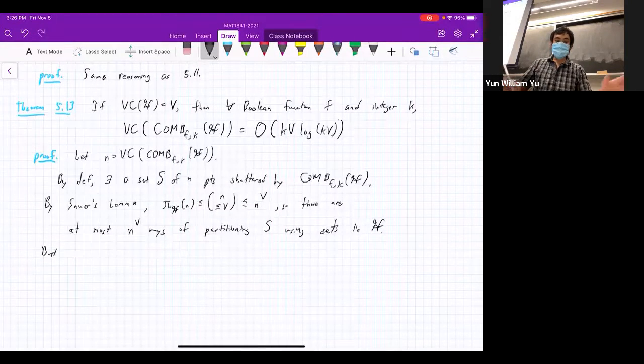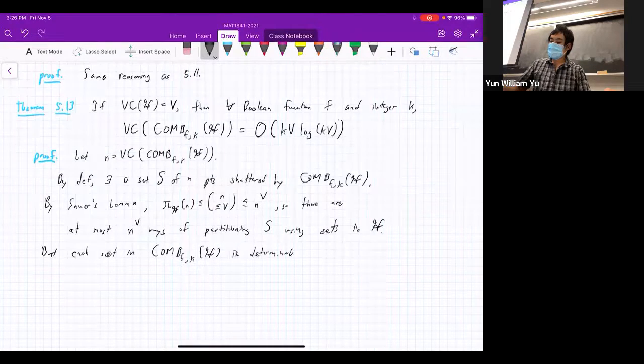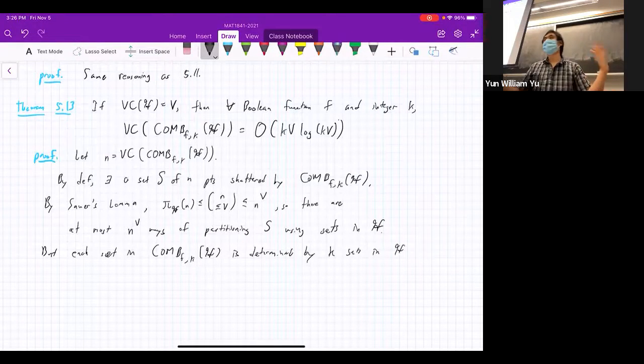But of course, each set in this combined concept class, f_k of H, is determined somehow by k sets in H. So these might be ANDs, these might be ORs, whatever way you're combining these things together using your Boolean function f.